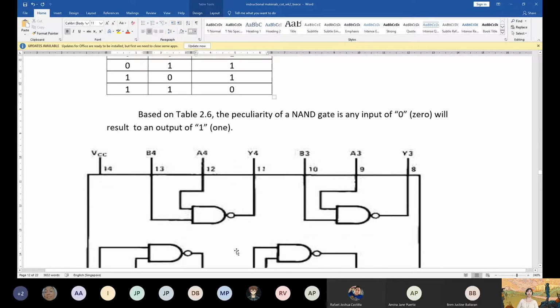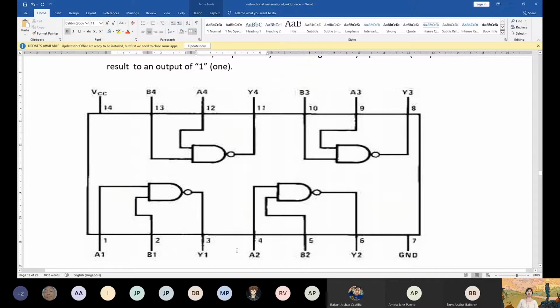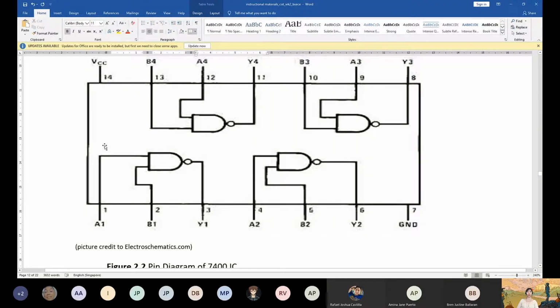This is the IC diagram of the NAND gate. As you can see, it has the same pin configuration as the AND gate. This is also a quad IC, so we have 4 NAND gates.